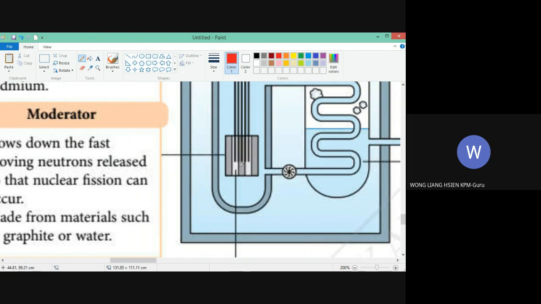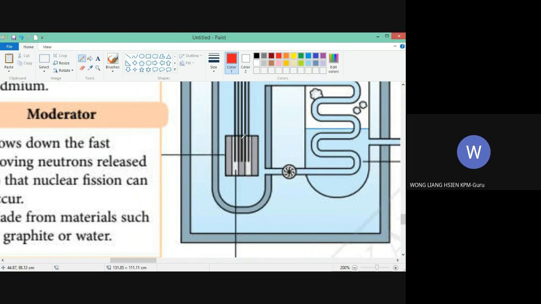Understand? So how do you start the fission? Actually, you have many uranium rods, but where does the first neutron come from? What they do is insert a substance that can release neutrons. There are unstable nuclei that when they decay, will release neutrons. So they take that substance, put it into a rod also, and insert it into the center.